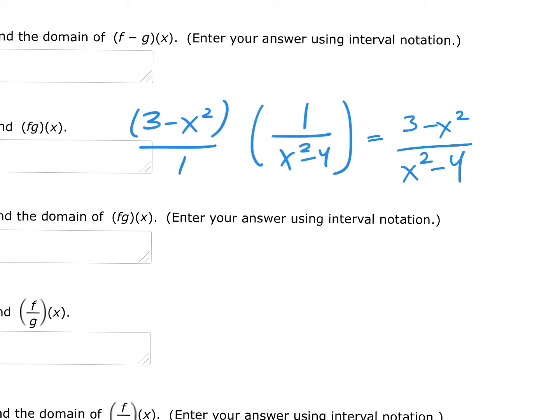It becomes positive. What if we plug in 0? That's fine. Okay, we're fine. What about if we plug in a negative number? We're good. Our problem, the rule that we're breaking, again, is our denominator. We have a variable in the denominator, so we have to find out what number or numbers will make our denominator become 0. Right? Negative 2, positive 2.